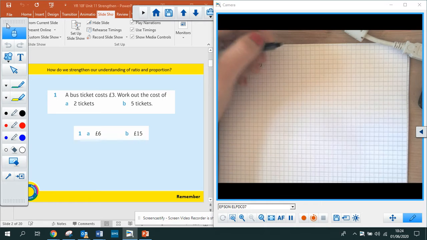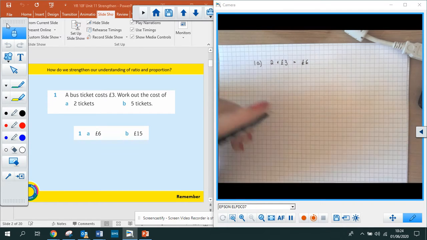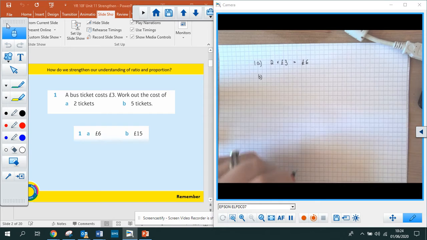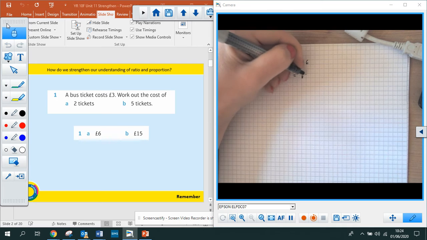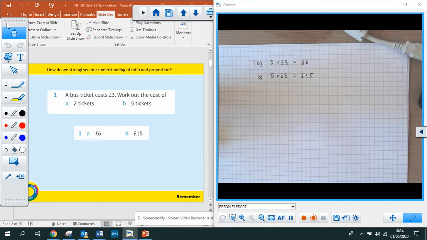Work out the cost of two bus tickets, so it's going to be 2 multiplied by your £3, which is £6, nice and straightforward. And part B, what's the price of 5 tickets? Well, we need 5 lots of the £3, and that's going to be £15. So you shouldn't have had any problems there. Let's move on.